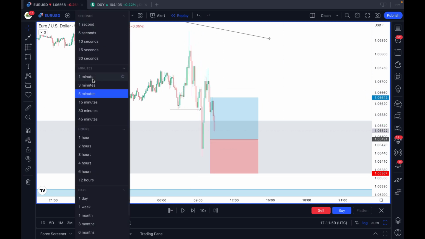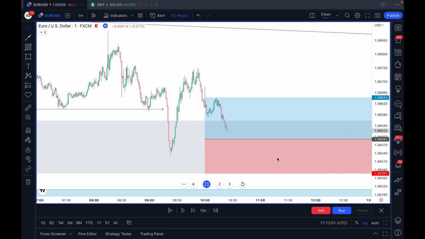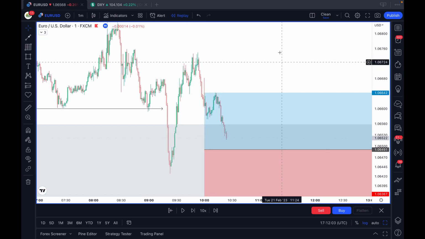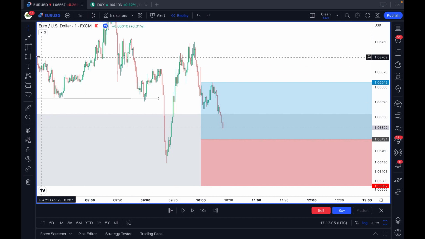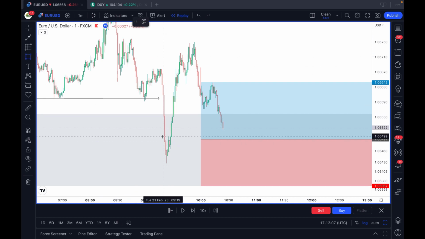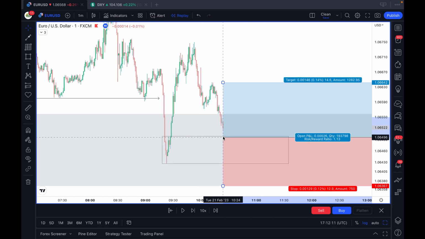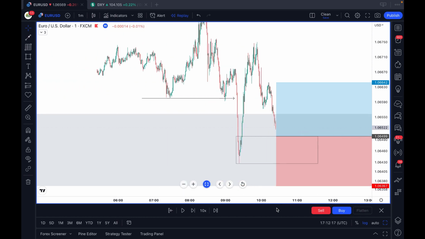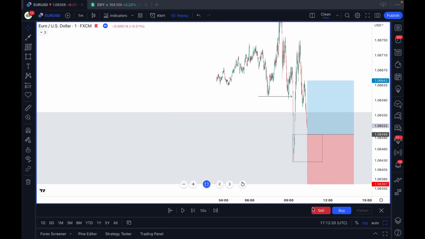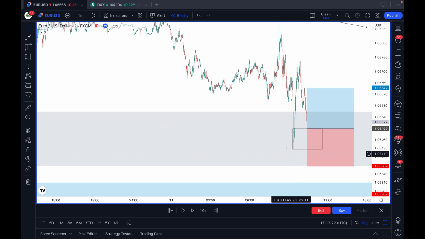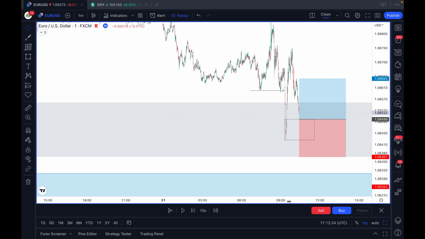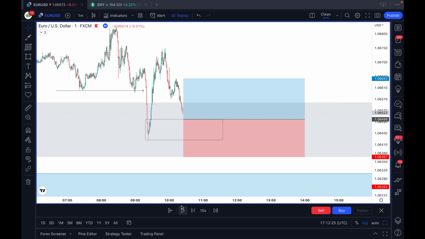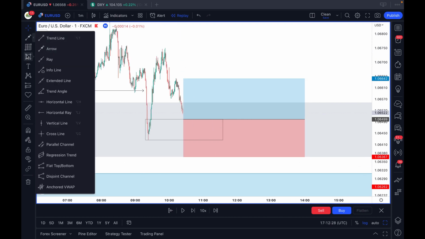So what I did is I scoped down on the 1 minute, from what I remember correctly, and there was a zone I liked, which was this region here. Again, if you ask me why, it's mainly because there was imbalance left within this region. So I left a buy limit order here, waiting for price to come down and trigger me in, and left my stops just below this low, because sometimes when you see moves like this, you see price being manipulative.